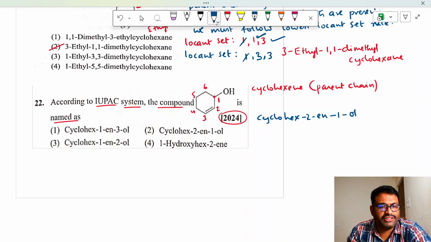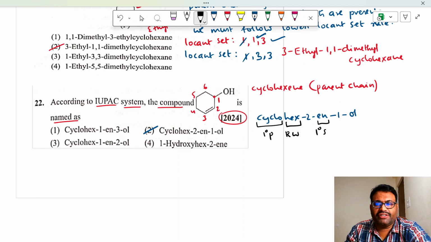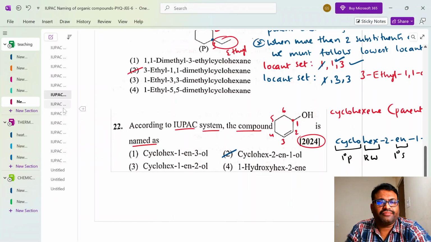Where do you find this? You find this in the second option, right? What is cyclo now? Cyclo is the primary prefix, hex is the root word, ene is the primary suffix, ol is the secondary suffix. Are you getting this? Let us move to the next.